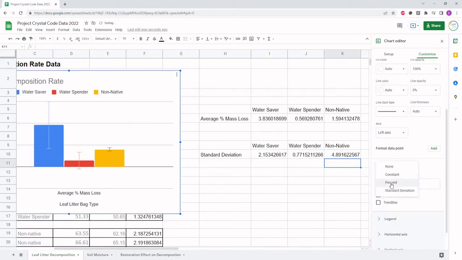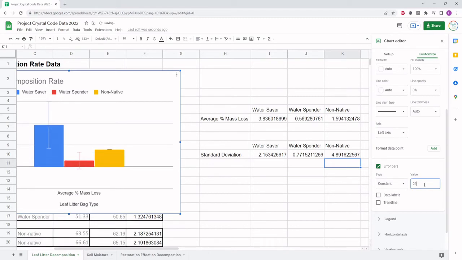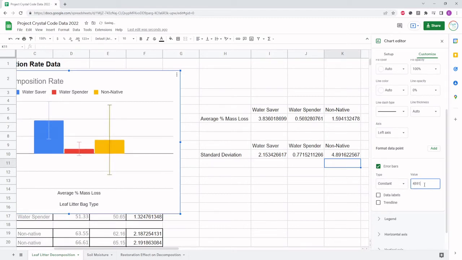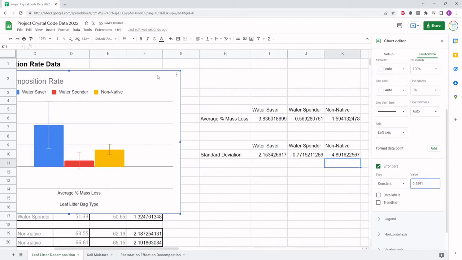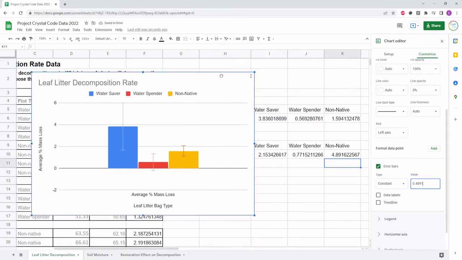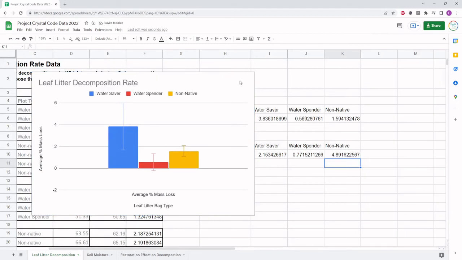We'll click on error bars, constant, and we'll change the value to 4.891. And you'll notice that I forgot a decimal there, so I have to make sure to go back, or else it doesn't show an accurate graph of those standard deviations. So once those are all done, I can go ahead and exit from there.